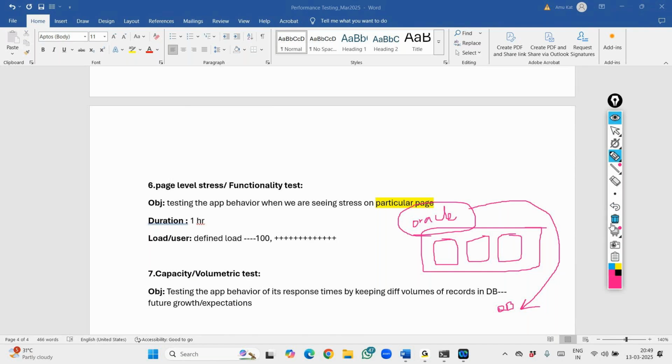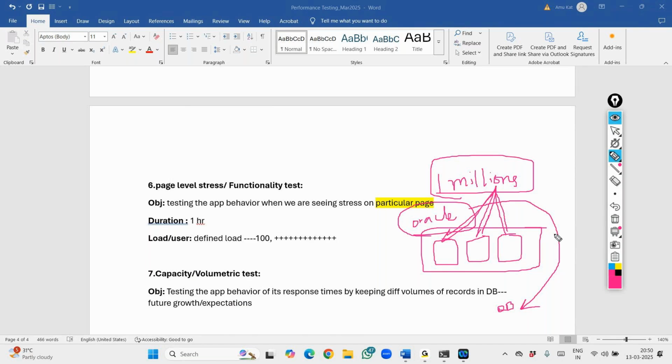Sometimes this is also called snowflake testing, where the DB gets changed. Whenever we have, say, 1 million records in our existing DB, those 1 million records are split into different volumes of DB records. They will be splitting into multiple volumes, and then they are going to check it.